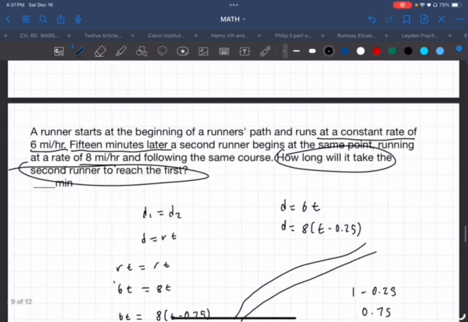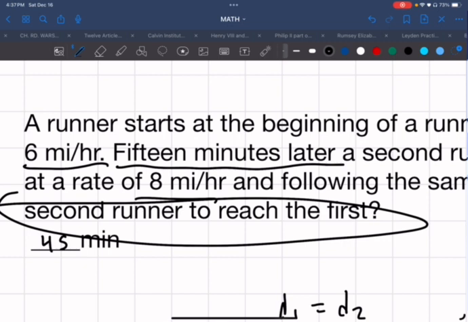Let's see if 45 minutes is the correct answer. I don't think that it's the right answer. Oh, it's right. Okay. Oh, my screen is frozen. But it is the right answer.